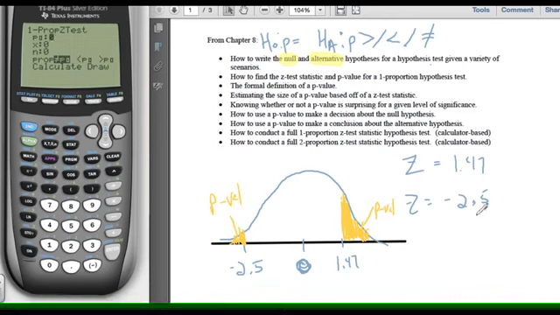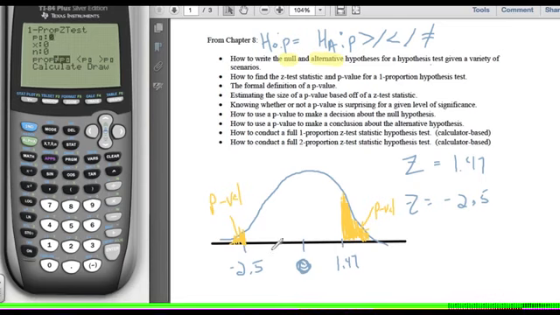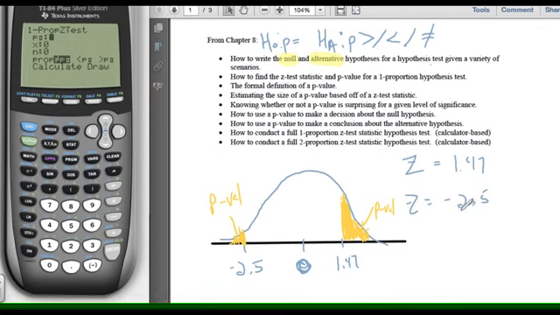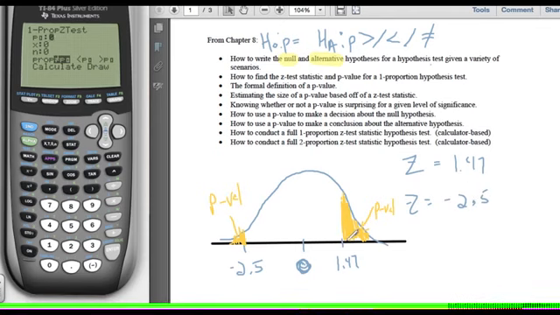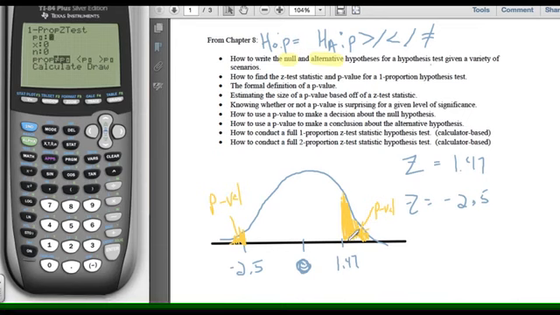So we could see negative 2.5 would have the smaller p-value based off of this illustration. The farther the z-score is from 0, it doesn't matter if it's above it or below it. Being positive or negative has no effect. The farther the z-test statistic is from 0, the smaller the p-value.